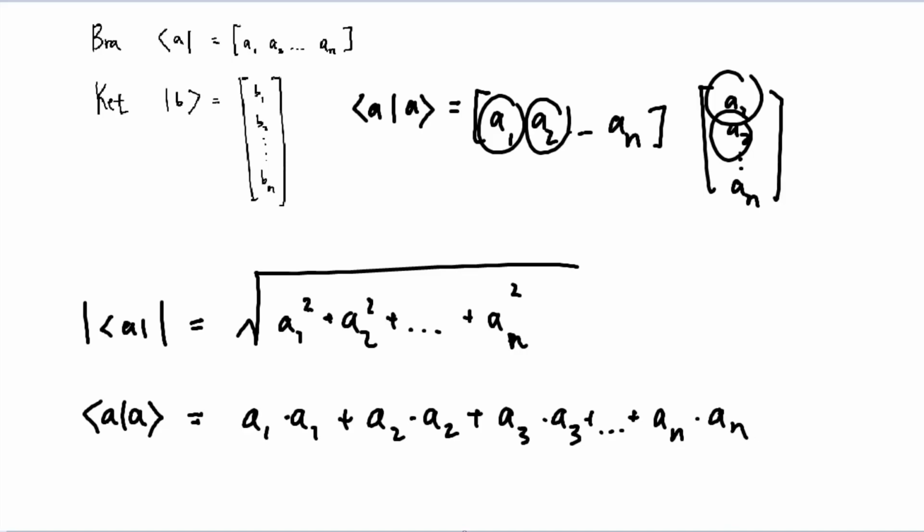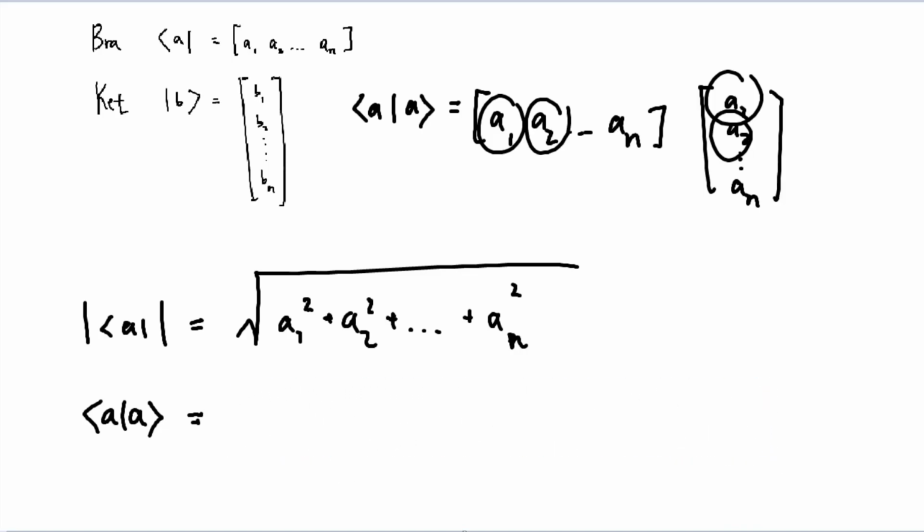And actually, if you look a little bit closer, keep in mind that these are the same elements. We defined earlier that this bra and this ket vector both have the same elements, just written in a slightly different way. We can just write this as A1 squared plus A2 squared plus so on and so forth until you get to AN squared.